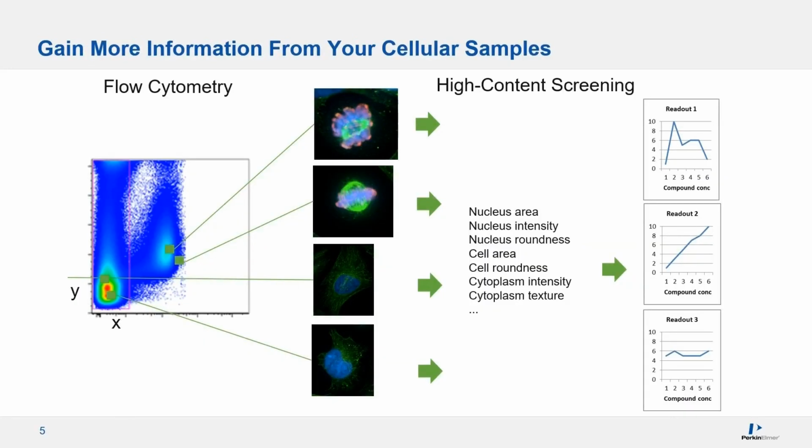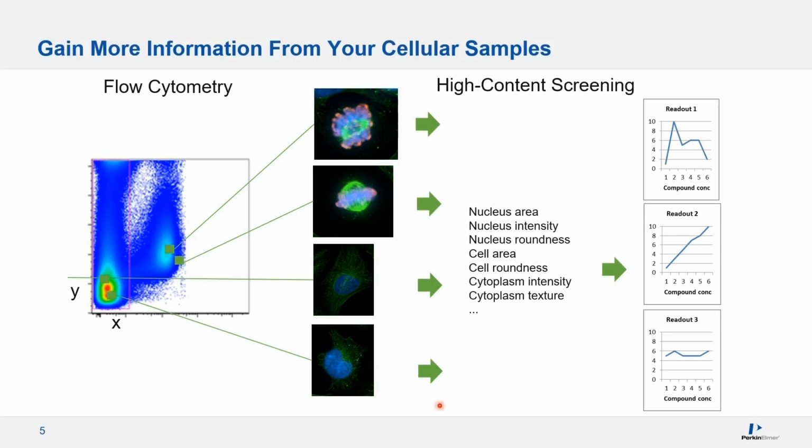Shown on this slide is an illustration on how we can get more information from a cellular sample based on high content screening and imaging as compared to conventional method like flow cytometry. So from the flow cytometric plot here, we can see that there are two major populations of cells based on the antibody used to stain them. However, we don't have the phenotypic information as we are not able to visualize how each cell look like in the flow cytometry data.